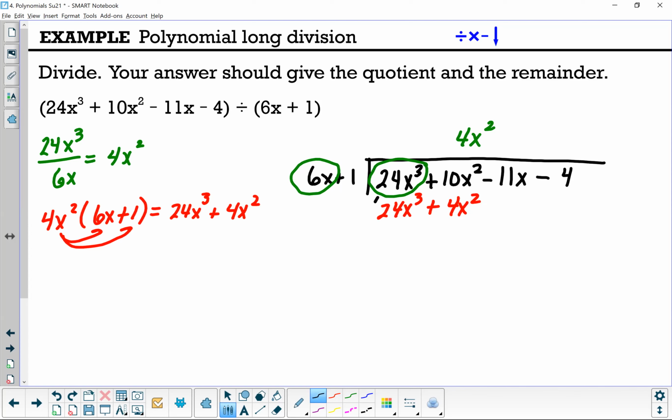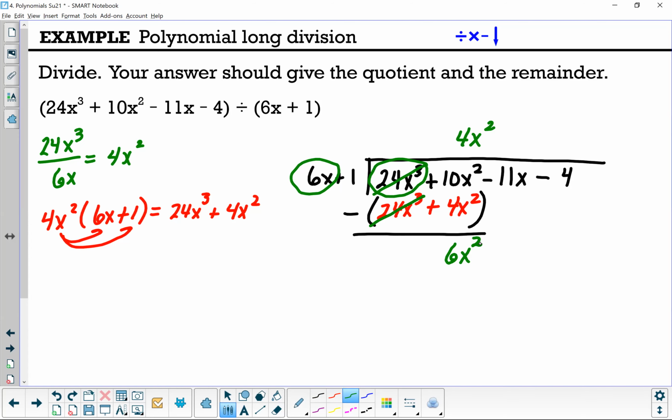Okay, subtract. So we're saying 24x cubed minus 24x cubed. That will be eliminated. Then we have 10x squared minus 4x squared, and that gives us 6x squared.